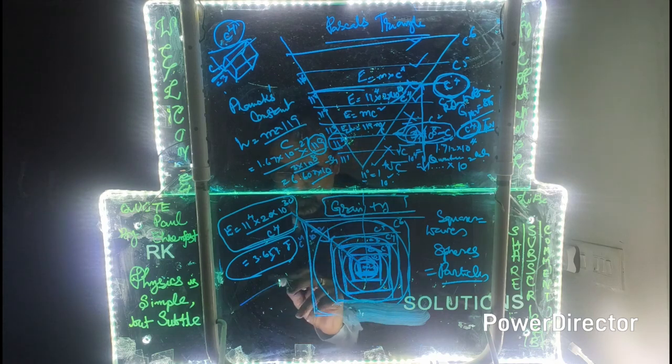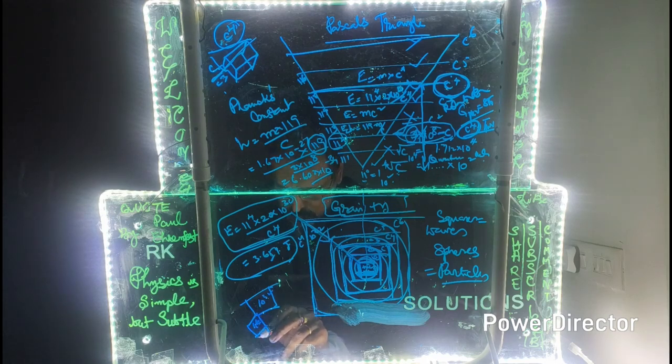C4 goes on dividing into smaller, 10 raised to 32, 10 raised to 16. This divides again into 10 raised to 8. This divides into 10 raised to 4. That divides into 10 squared. Let us stop here.